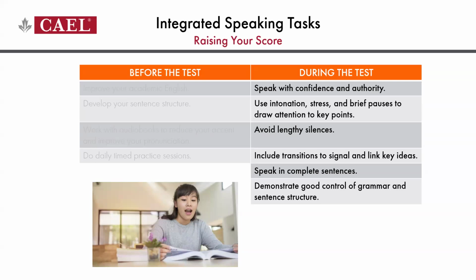So that's what you're really trying to do. In that case, if you've stopped and started, obviously the organization won't be as strong, but organization is just one piece to the puzzle. You can still use your time effectively to demonstrate other strengths. And again, I'll say it one last time, the more strengths you demonstrate across all areas of that checklist, the more likely it is you're going to earn a higher score.